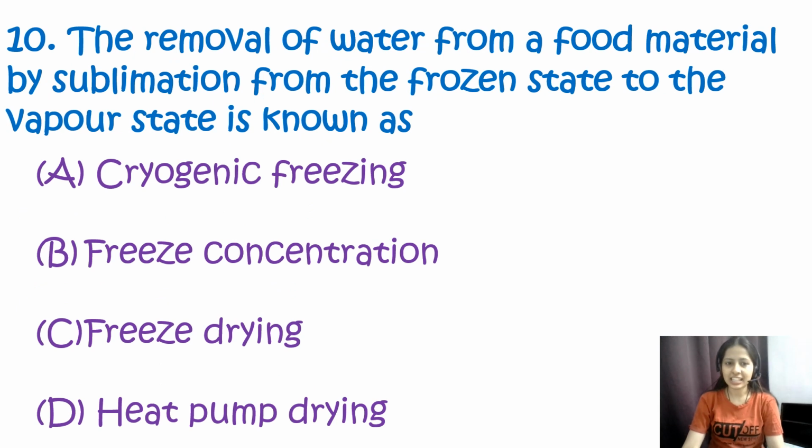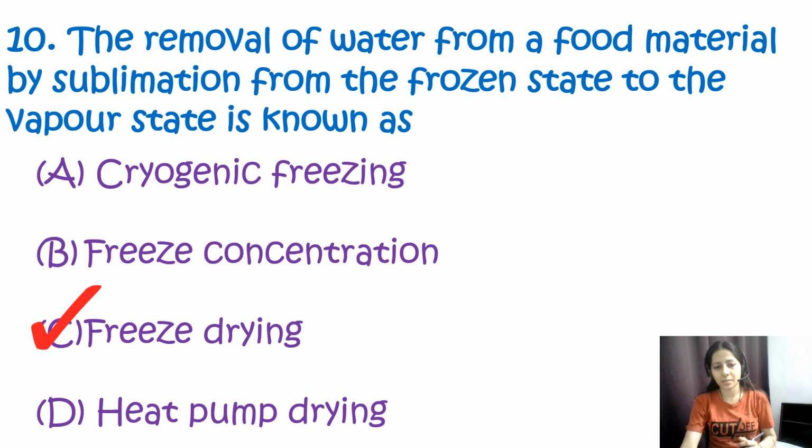Question number 10. The removal of water from a food material by sublimation from a frozen state to the vapor state is known as, so the options are cryogenic freezing, freeze concentration, freeze drying or heat pump drying. Okay, so over here my correct option is C, that is freeze drying.